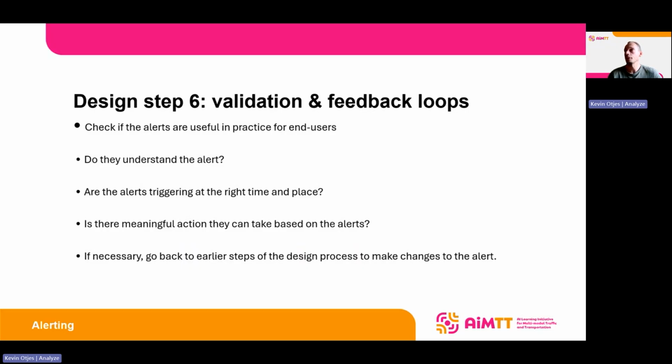Because if the alert is not actionable in any way, then perhaps you're directing it at the wrong audience, or you're measuring something that is in the end not relevant enough. So there's something wrong there.